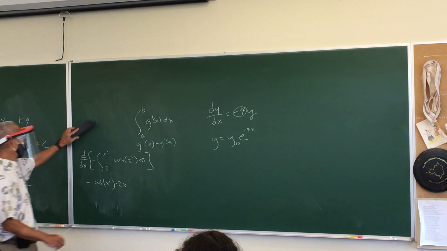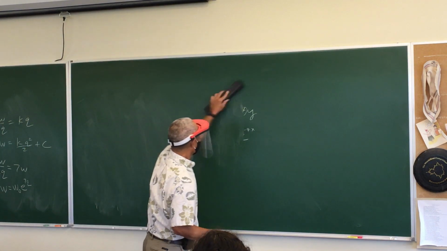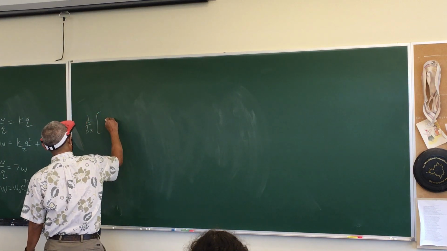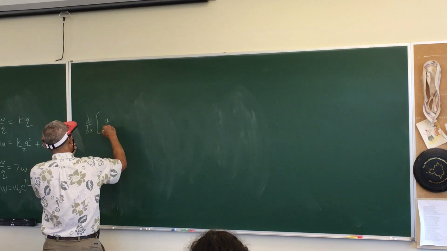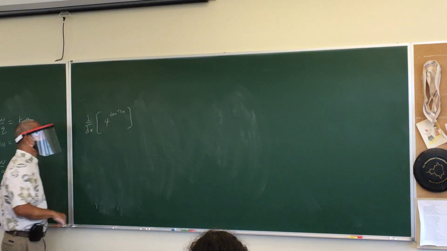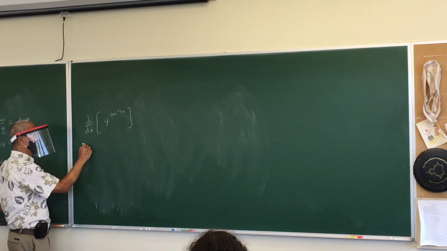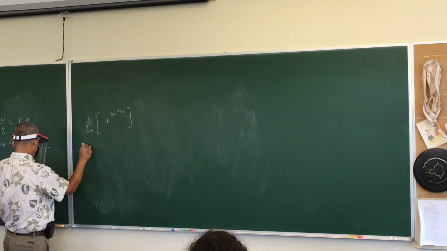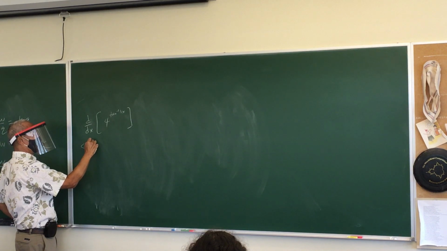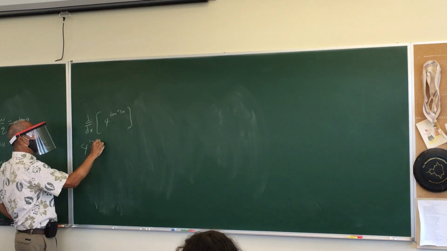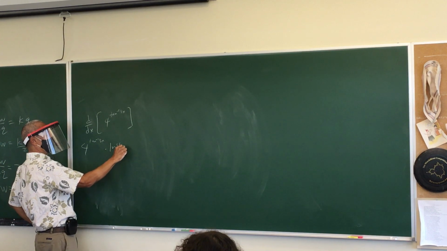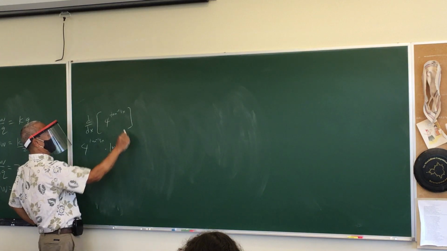Who's got it? Ishikawa. What is the derivative of 4 to the tan inverse 3x? Oh, 4 to the tan inverse 3x times ln 4, times the derivative of that.